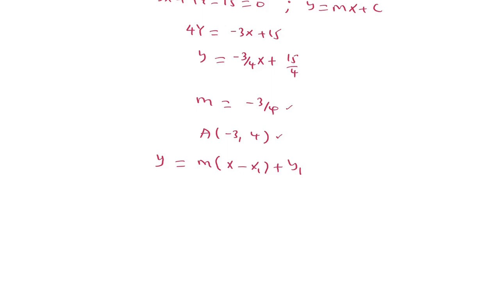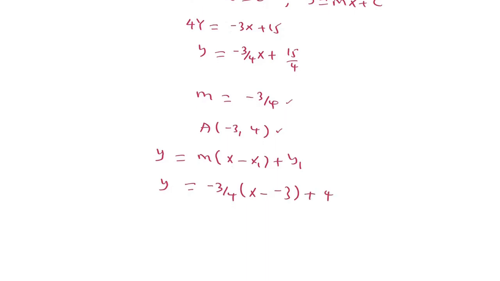Using these values in our equation, we have y equals negative 3 over 4 in brackets x minus 3 plus 4.